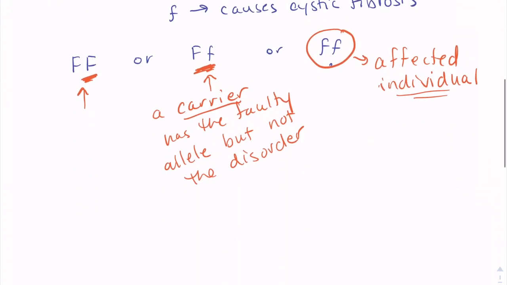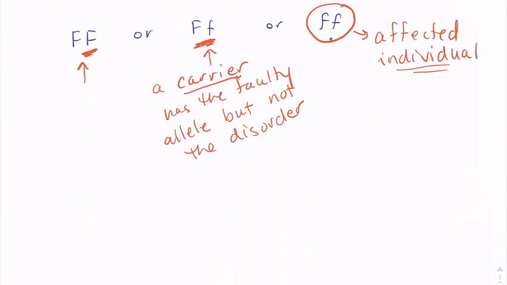So let's look at this affected individual here, this person who is homozygous recessive. Let's think about where they got each of these alleles. They had to get one from each parent, right? And so let's say that you're working as a genetic counselor.